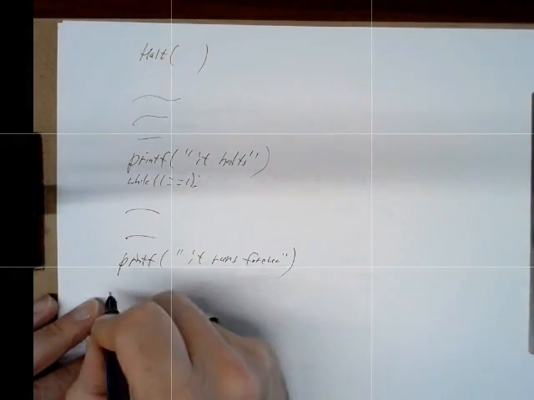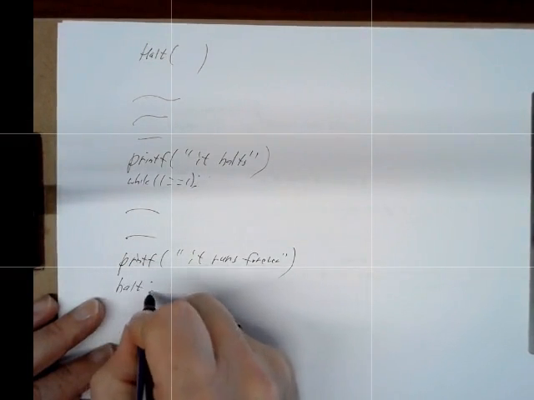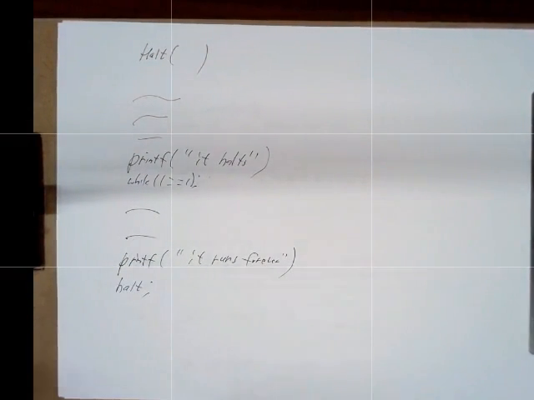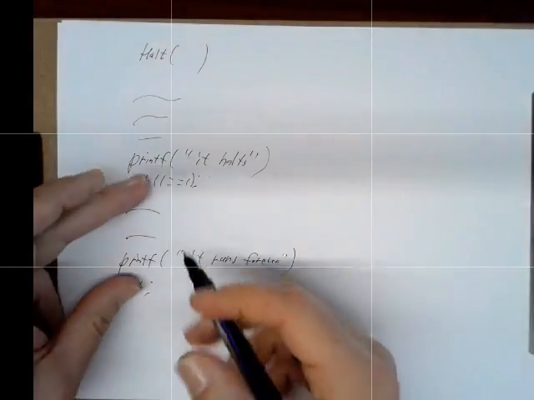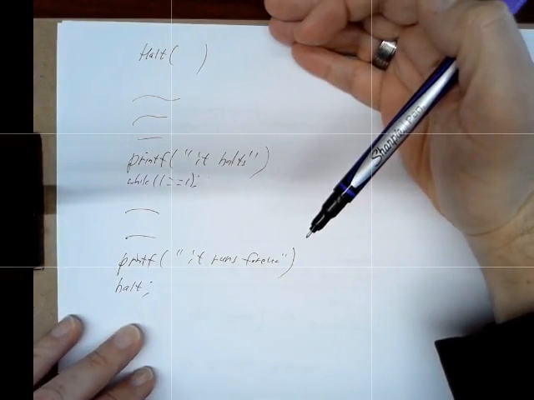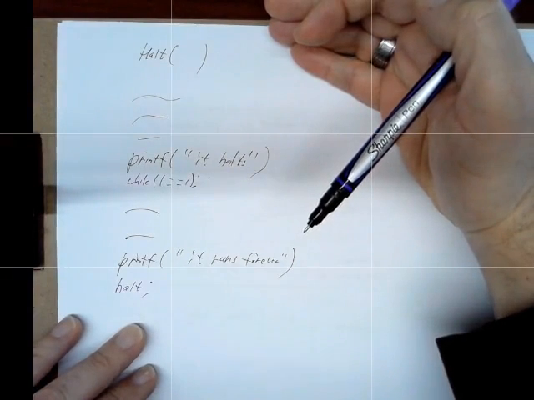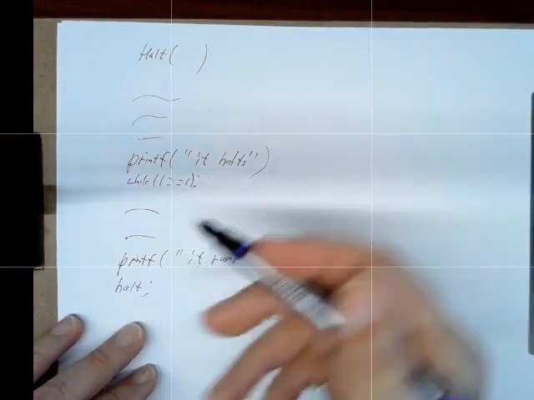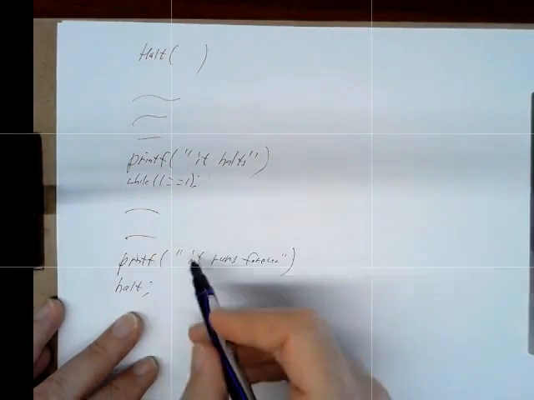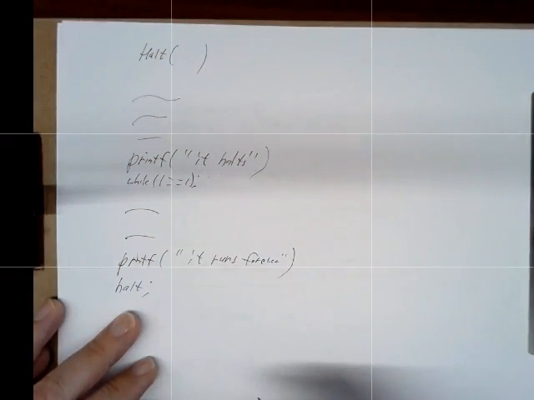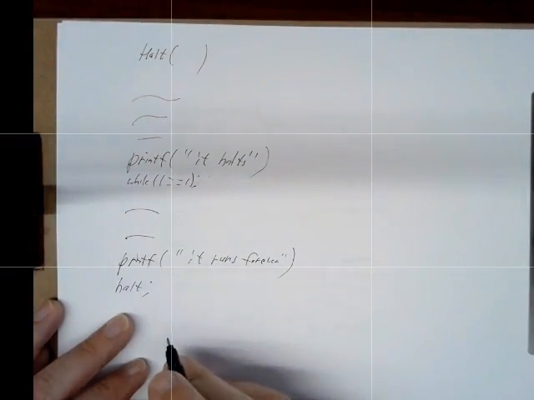And after it says it runs forever, we're going to do a halt statement, a segfault or something, or an exit. So the assumption is if this original program solved the halting problem, this new program should also solve it, right? Because we haven't changed any of the logic. All we've done is asked it to do something else after it's already made its decision.